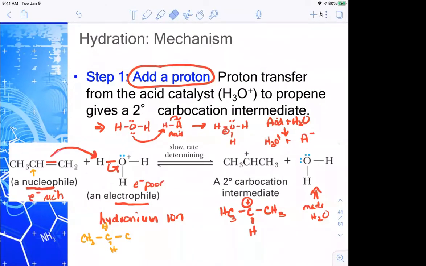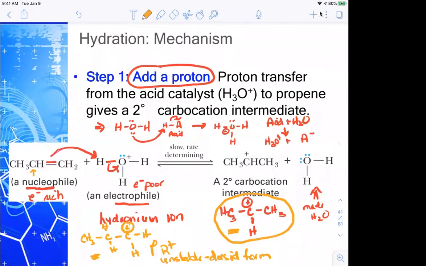I'm going to get this guy. So this is the one carbocation. Remember, I can also get a second carbocation, but this is a primary carbocation. So this is very unstable and doesn't form. This is the carbocation that actually forms in this particular reaction.